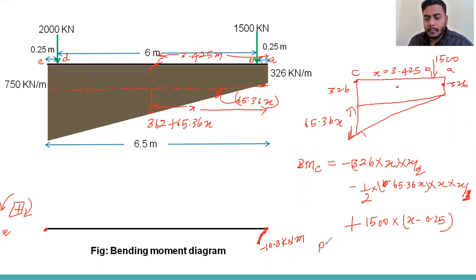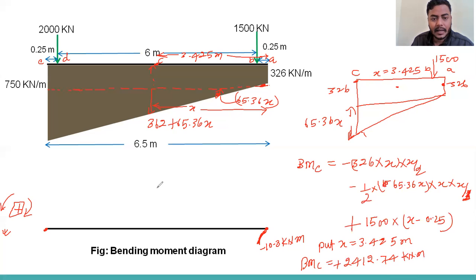By putting x equal to 3.4225 meter, you will get the bending moment at C, 2412.74 kilonewton meter, and that is positive. Just at point C, that is 2412.74 kilonewton meter. That will be maximum because shear force at point C is 0.